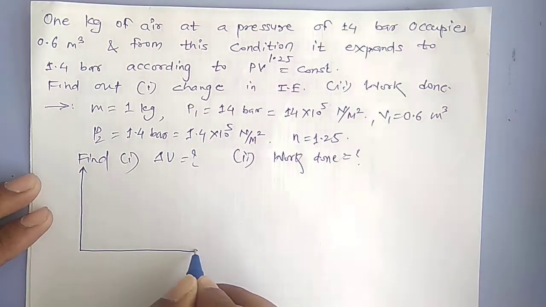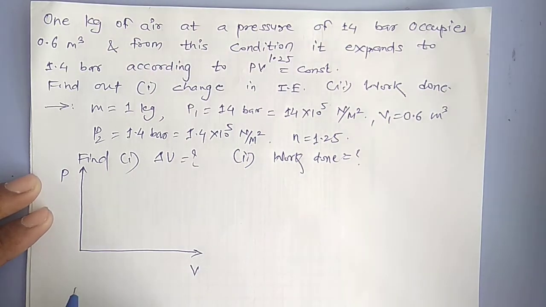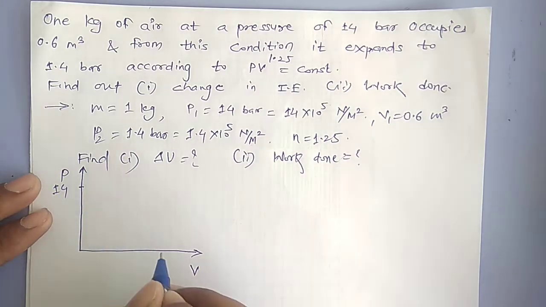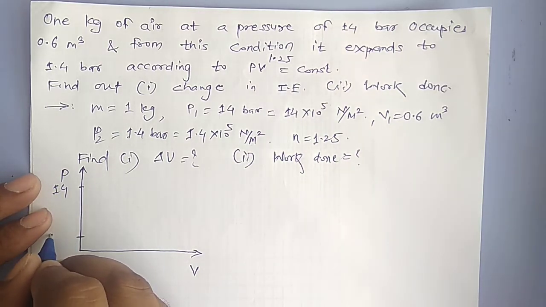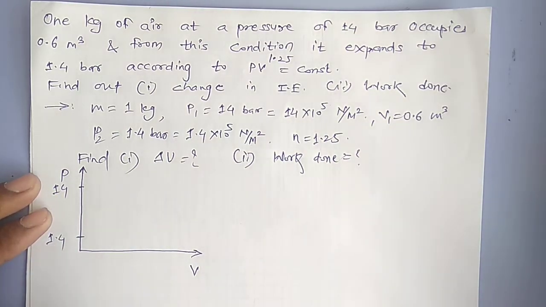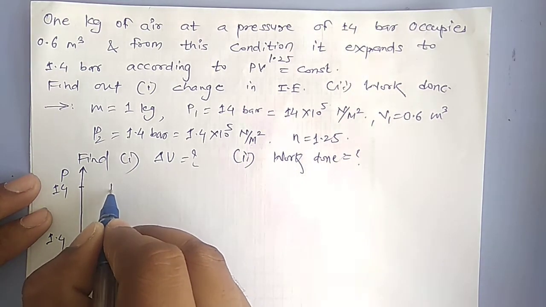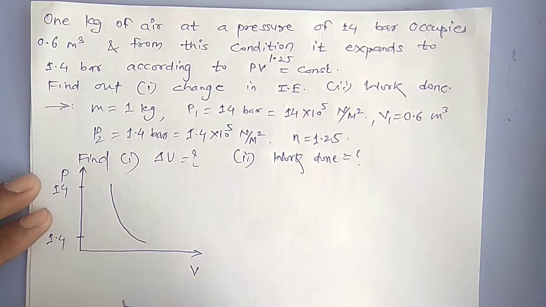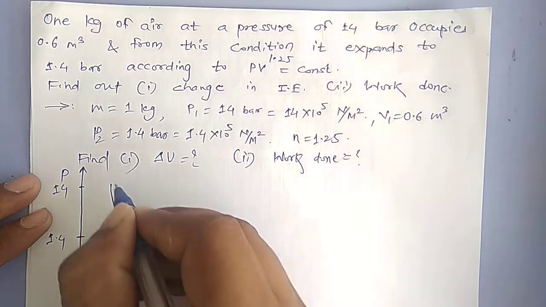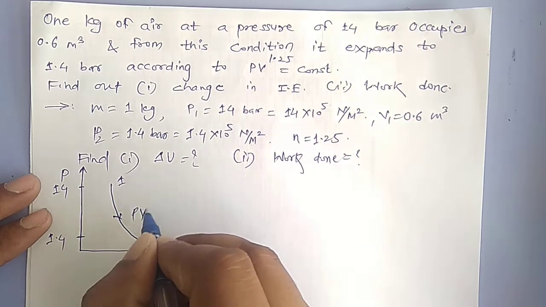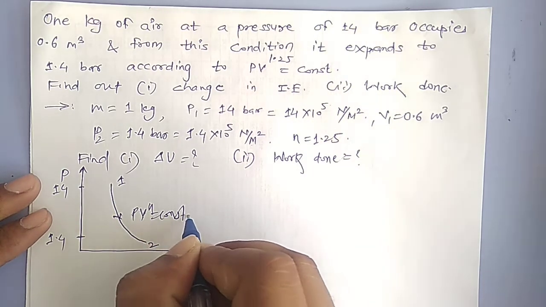Here, in the PV diagram, pressure P1 is 14 bar and P2 is 1.4 bar, so the graph will be in this manner. This is the initial point, this is the final point, with PV^n equal to constant.